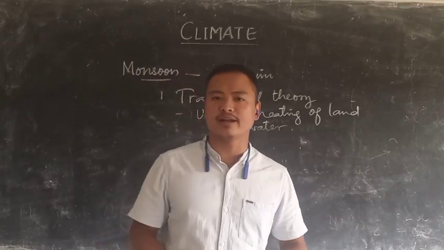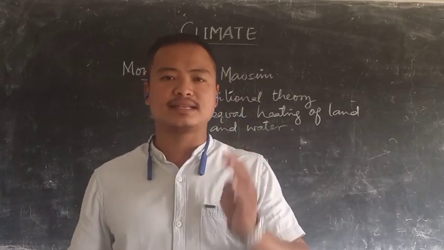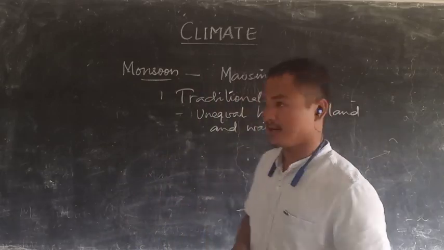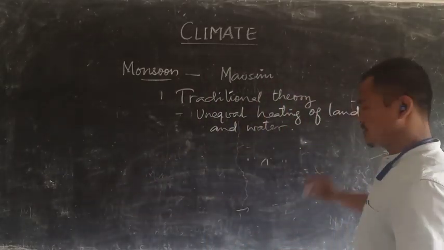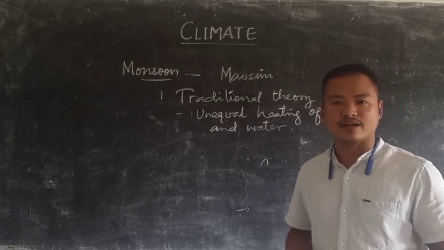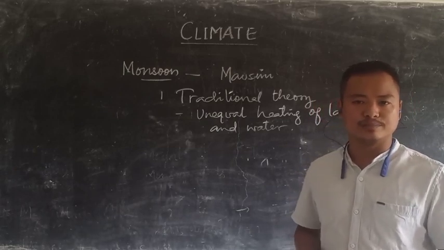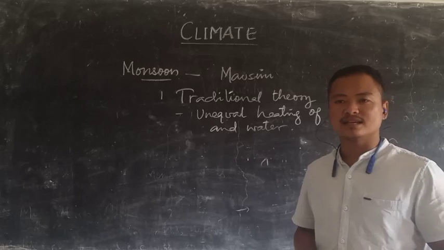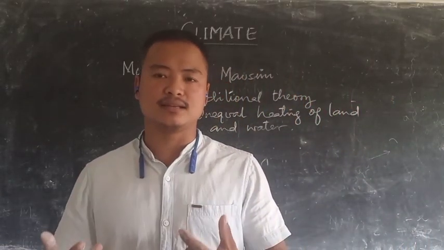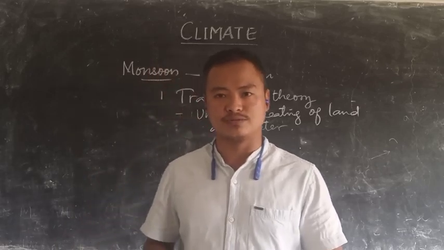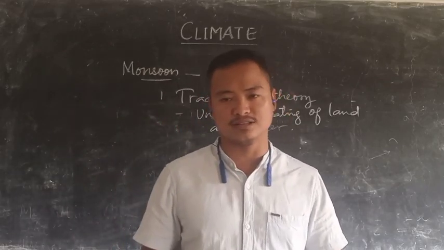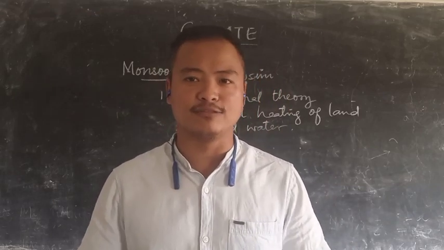So in this case, what we understand is that the temperature affects the pressure of the water bodies as well as of the land. So when the temperature is high, the land heats faster and the water remains much cooler. With the cool temperature prevailing over the water bodies, it results in the formation of high pressure over the water, and the land masses, which are already heated because of high temperature, tend to have low pressure.